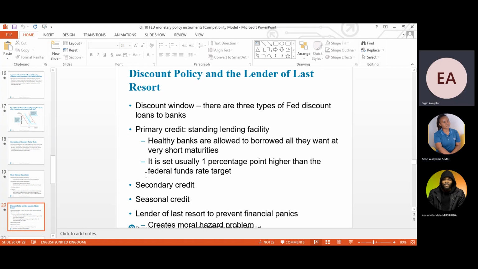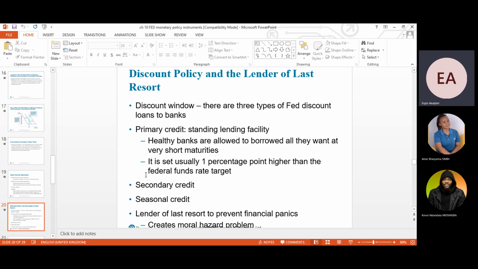Okay. The primary credit standing lending facility: healthy banks are allowed to borrow all they want at very short maturities, and it is usually set 1 percentage point higher than the federal funds rate target. Secondary credit and seasonal credit are also available. The lender of the last resort, as the central bank, is the highest organ in the financial market, the place to knock on the door for a bailout in an economic or financial crisis.